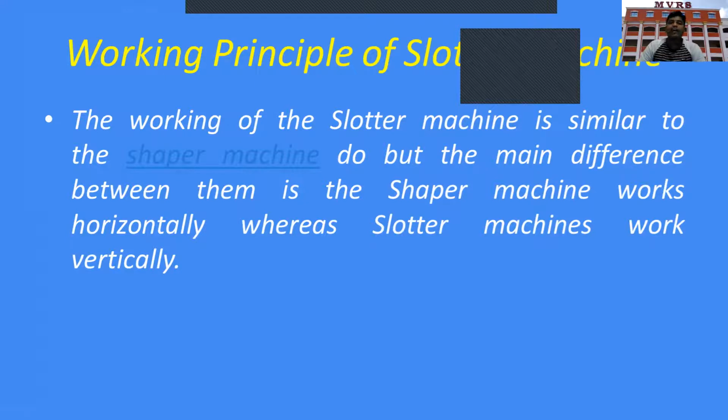As I have already discussed in this lecture, in case of a shaper machine the ram moves in the horizontal position, but in case of a slotting machine, the ram is reciprocating in the vertical direction. That is, the ram is moving in the up and down direction.